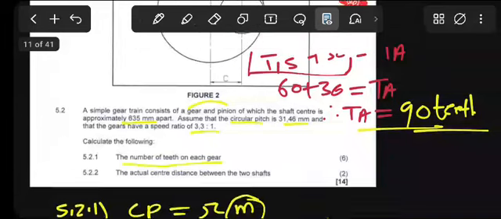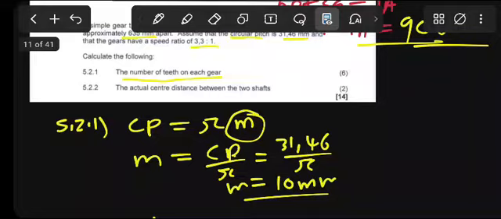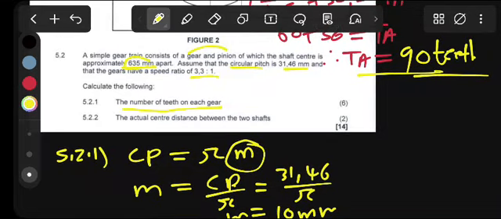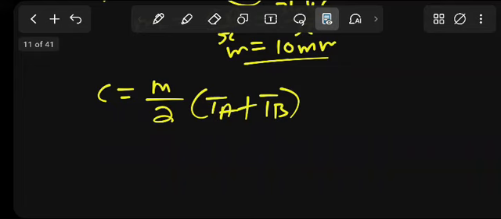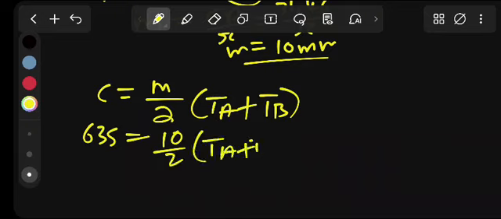We have the center distance, which is given as 635. The modulus is 10 over 2 times TA plus TP.